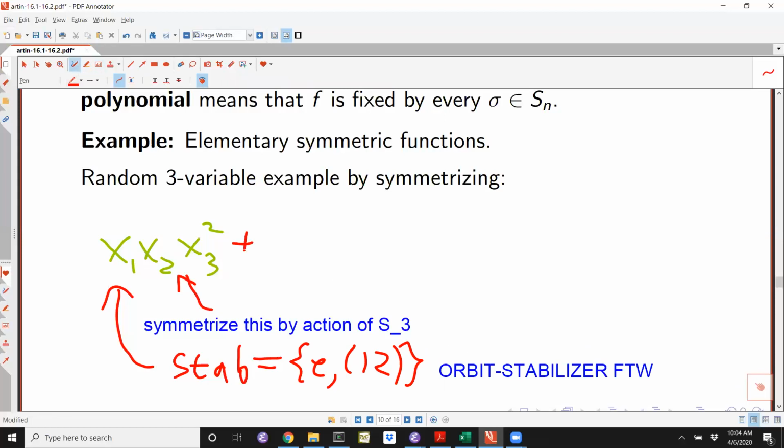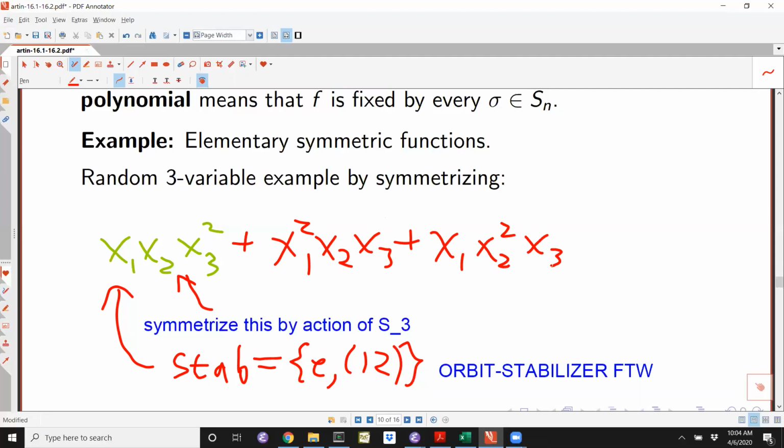And perhaps after a while you might see that you get those 3 elements by changing which term gets squared. So I could square the variable 1, or I could square the variable 2, x2.